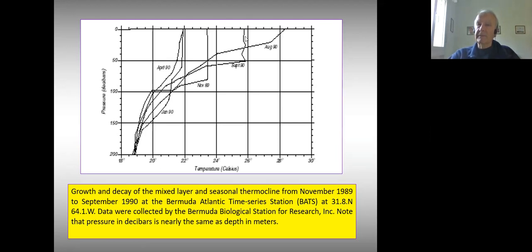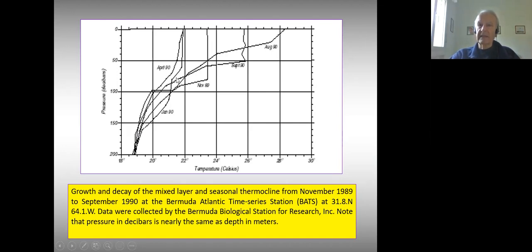When we go to September, it is slightly different. In September, you have a vertically mixed, practically constant temperature from the surface to 50 meters, and it is around 24, 25 degrees, almost 26 degrees. And then there is a sudden drop of temperature with depth, finally reaching more or less the same value as in August.